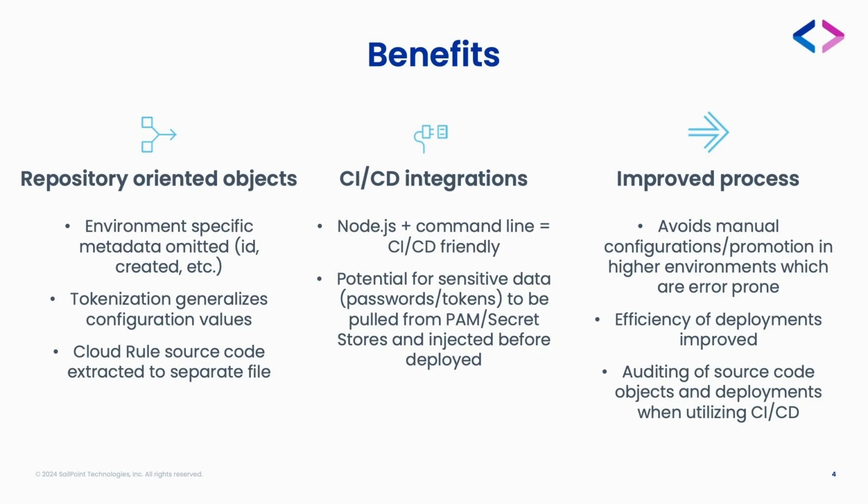So what they're doing is creating a source in sandbox and getting it all set up, ready to go, and then recreating it in production by hand and copying and pasting and changing values that are needed for connecting to a downstream application, for example. So this tool is aimed to help avoid the manual configuration promotions going up to the higher environments, which can be error prone, right? Flipping back and forth, trying to get things stood up in the next environment.